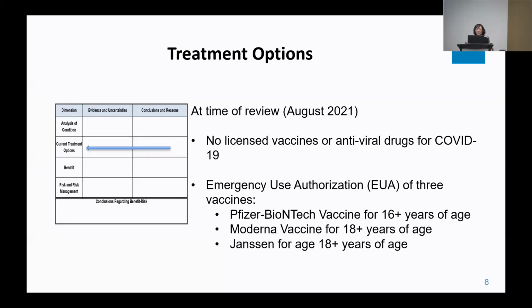So FDA granted these 3 EUAs primarily based on the preliminary results from incomplete clinical trials that demonstrated a potential benefit risk profile of the vaccine.